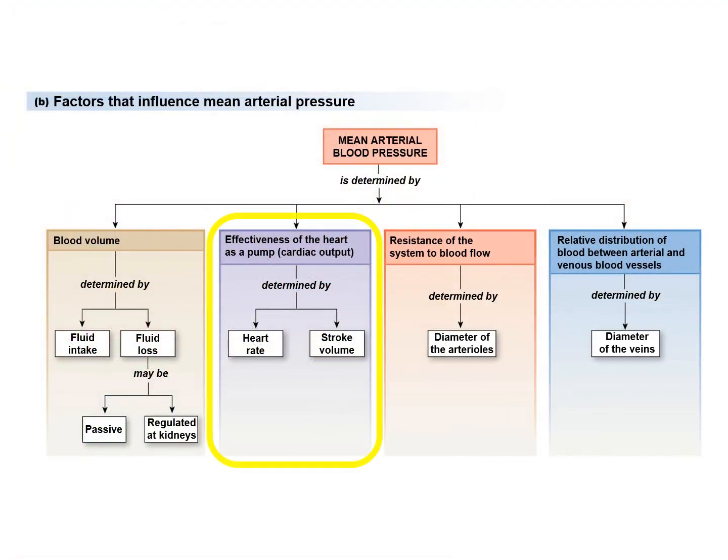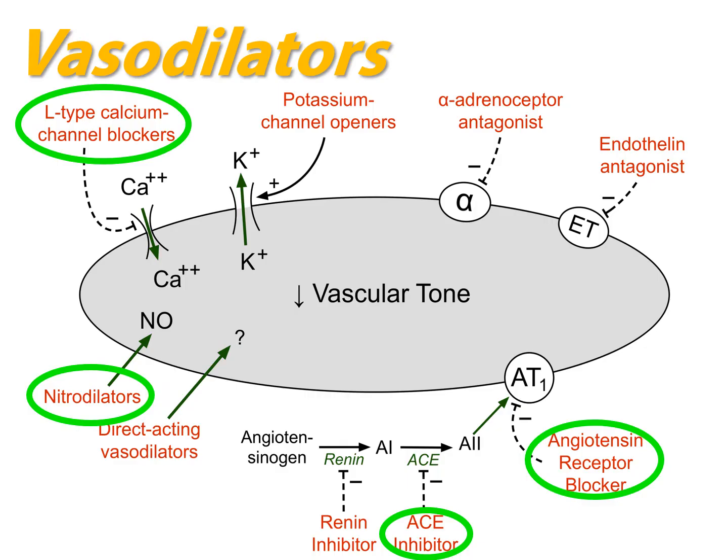Okay, now that we've talked about the beta blockers and cardiac output, now let's talk about vasodilators and lowering peripheral resistance. So the mechanisms that involve vasoconstriction, vasodilation, is a huge area of ongoing research.